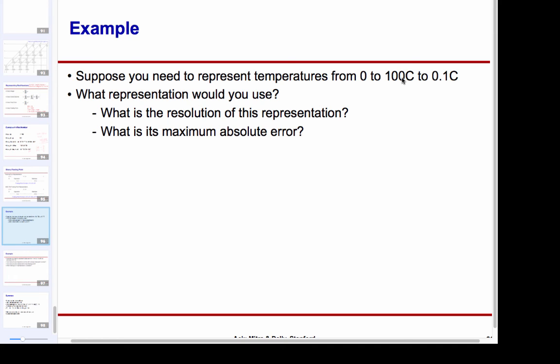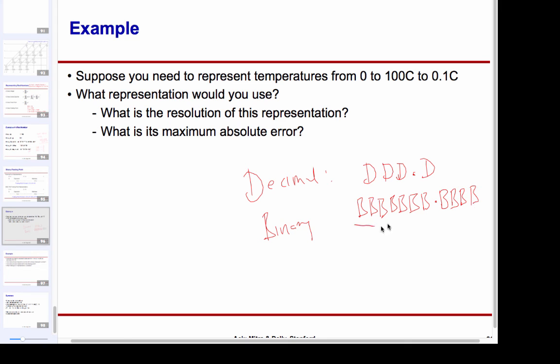In a decimal representation, it would go D, D, D for the decimal digits, dot D. In binary, this would look like 7 bits, because 64 is too small, 128 is what we need, and then to represent 0.1, we need to go down to 1 over 16. So I will need 7 plus 4, 11 bits.